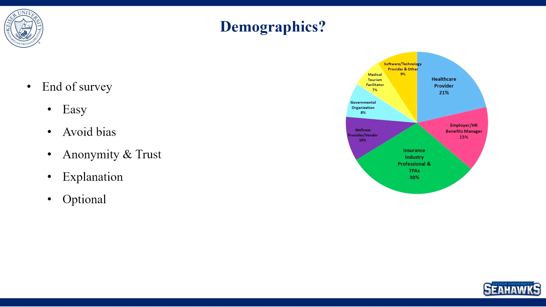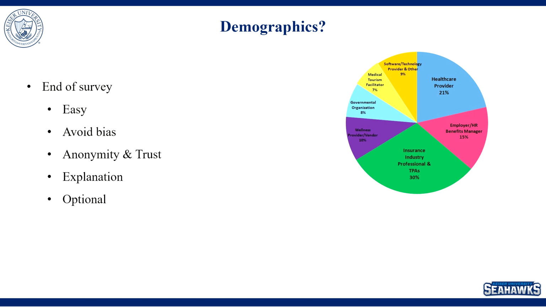First off, you can help avoid bias, because if you have the demographics at the beginning, perhaps individuals begin to immediately think something about that survey and the direction that maybe is preferred answers, or it may somehow impact them at a more emotional level, because if it's asking what their gender is, or what their race is, or what department they work in, or something of that nature.